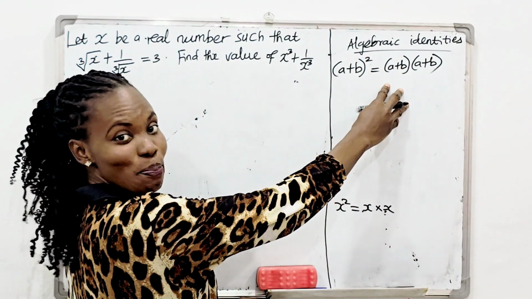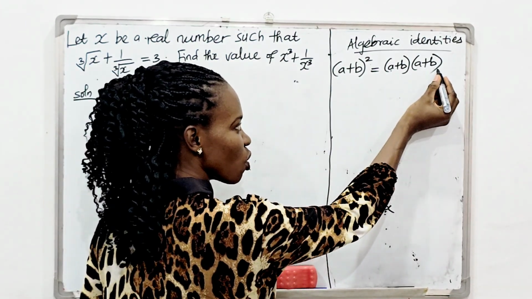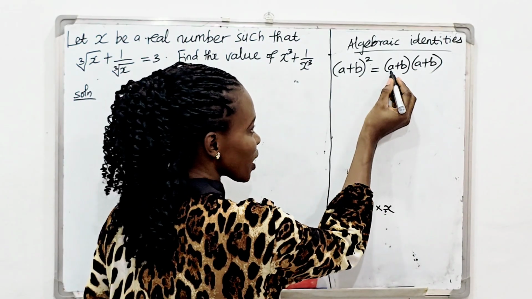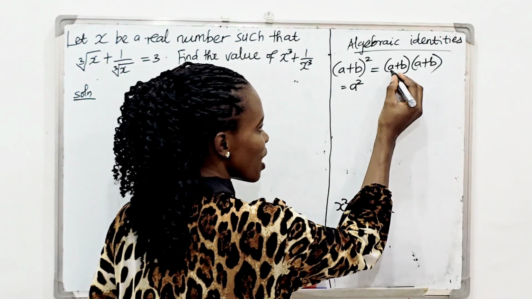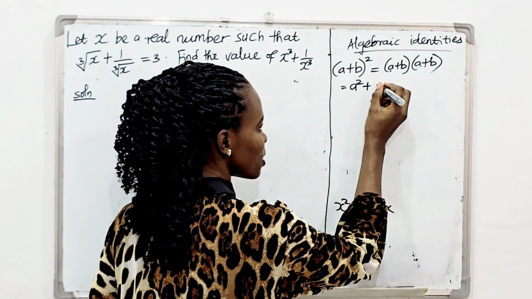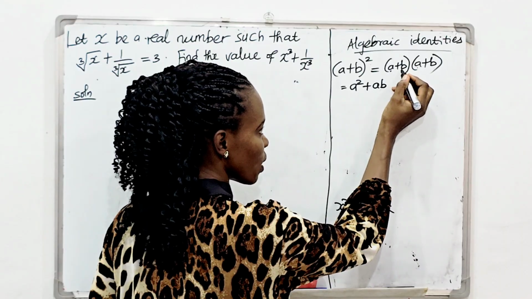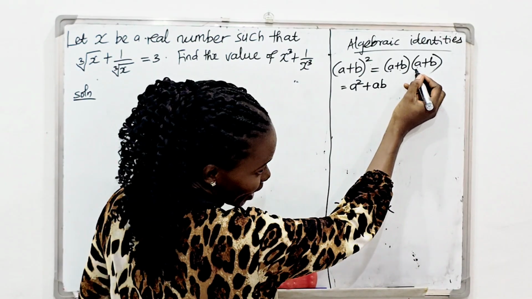So we use expansion to open this. In a, we multiply the whole of this term, and in plus b, we multiply the whole of this term. So let's start. A times a is a squared. A times b is ab. A has finished, so we go to this one. B times a will give you ba, but ba is the same thing as ab.